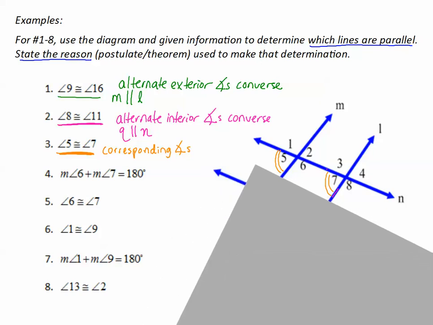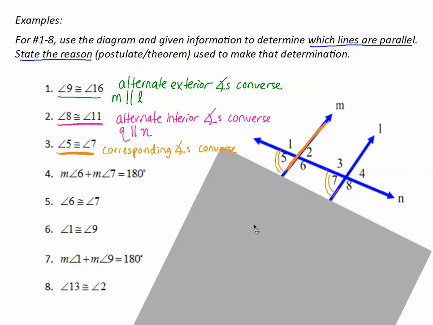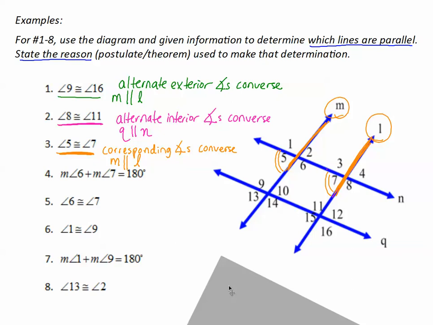So according to the corresponding angles converse, I know that this line that's left in my picture, now remember I've covered up this part of the picture that I don't need to see, and this line must be the ones that are parallel, line M and line L. So line M parallel to line L. Let's check out the next one. I'll move my hiding paper out of the way and erase the marks that I made.